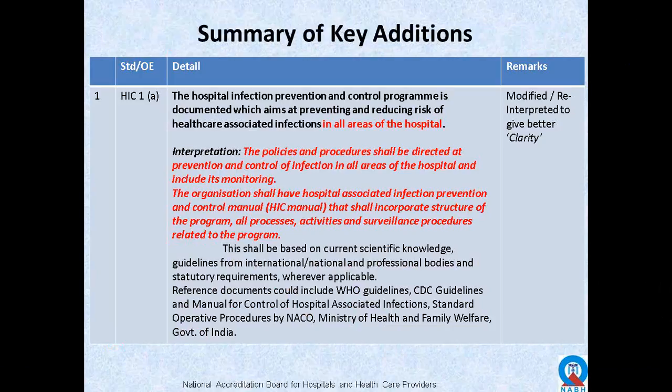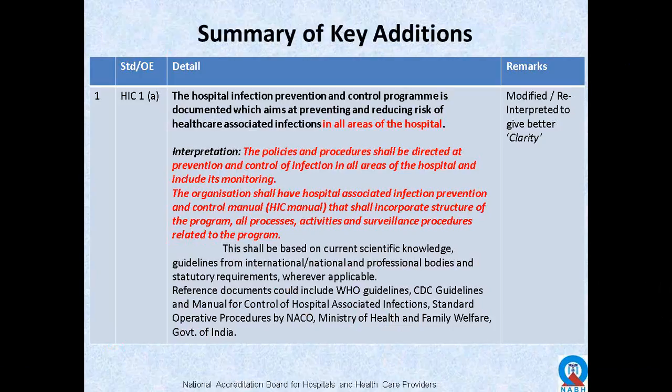Now, summary of key additions, HIC 1A. Those marked in bold are the places where changes have been made. This change has been made to bring in better clarity. Now, the policy and the interpretation: the objective element states that the hospital infection prevention and control program is documented, which aims at preventing and reducing risk of healthcare associated infection in all areas of the hospital.